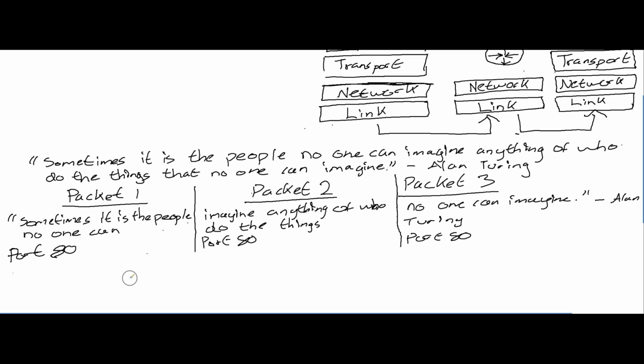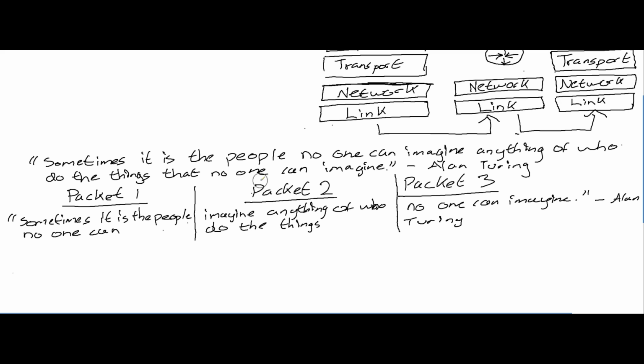What the transport layer does is it uses the port to determine what application in the application layer the packet should be passed to. Then it strips off the ports, puts the packets in the right order, and sends them up to the application layer. Our packets are already in the right order as we've written them down. When the data is passed up to the application layer, the application, for example Google Chrome, if I'm sending data over HTTP, displays the data to the user, in this case our quote.